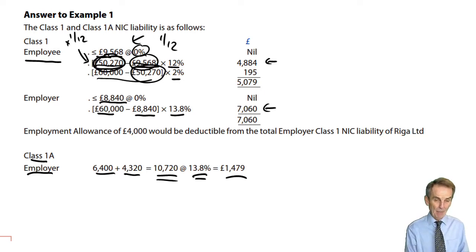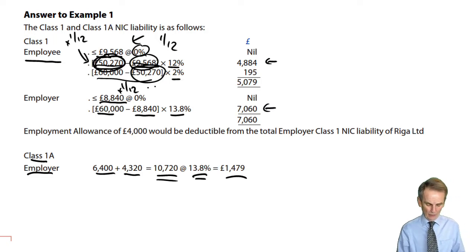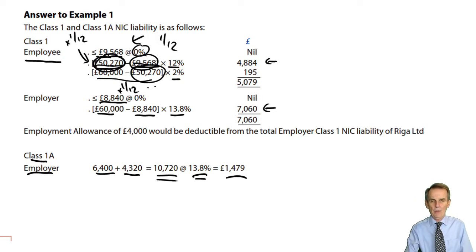So far as the employer is concerned, you just need 1/12 of that employer threshold of 8,840. So you time apportion. Are you dealing with a month? In terms of NIC calculations, take 1/12 of those thresholds and, where applicable, limit figures. If you're dealing with 6 months, then you take 6/12 of those figures.